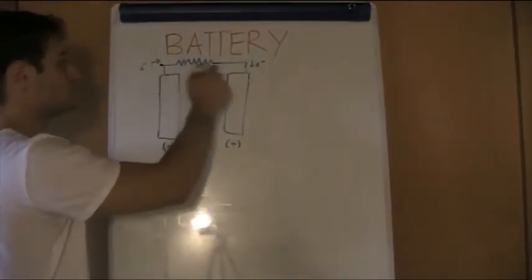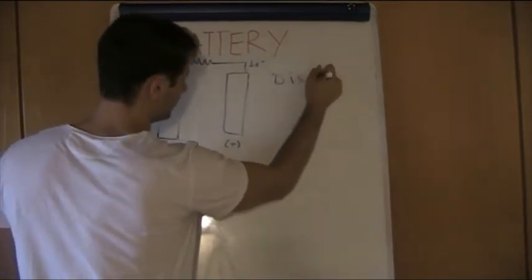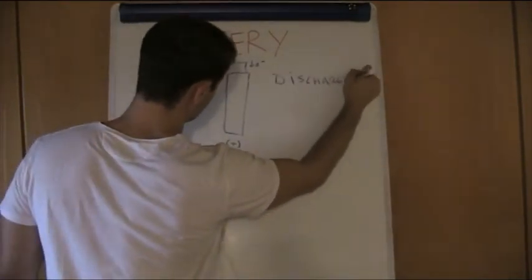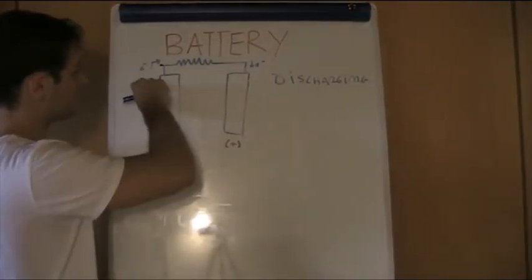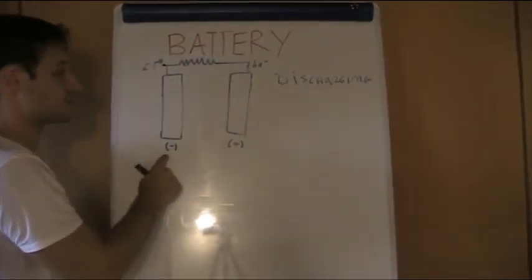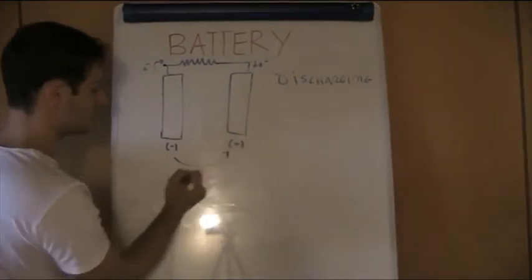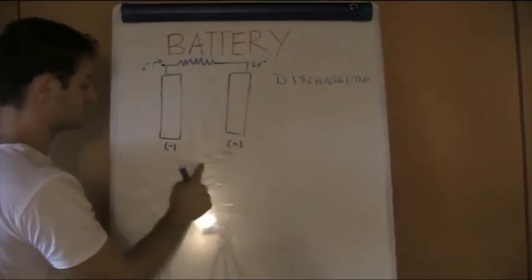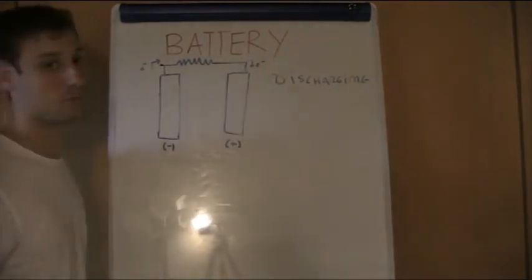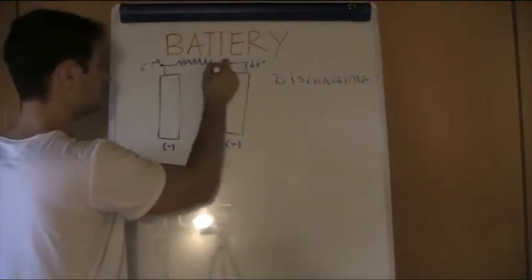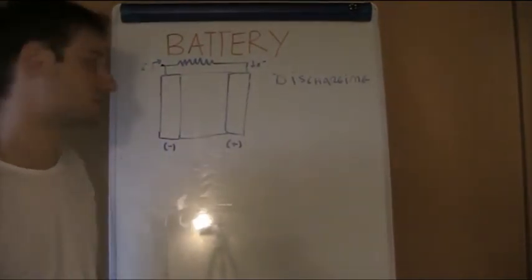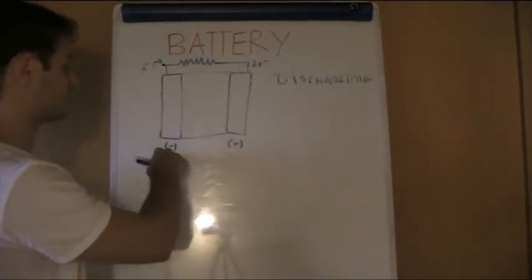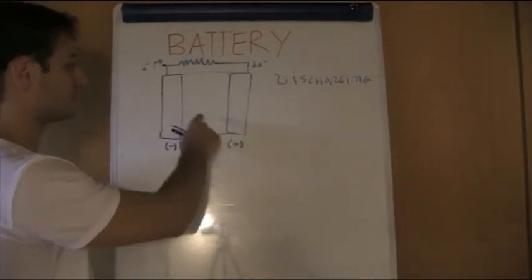If electrons during the discharging, during the spontaneous process transforming chemical energy into electricity, are following this direction, that means that this potential is smaller than this one, and so we can describe this electrode as the negative pole. In particular, during the discharging, obviously we also have the electrolyte inside in order to close the circuit. So we have the electrode on the negative pole, the electrode on the positive pole, and the electrolyte.